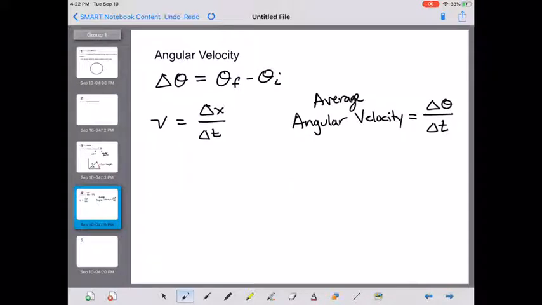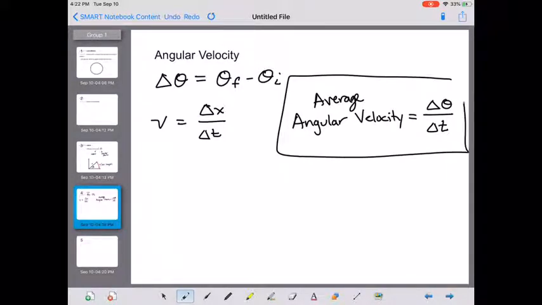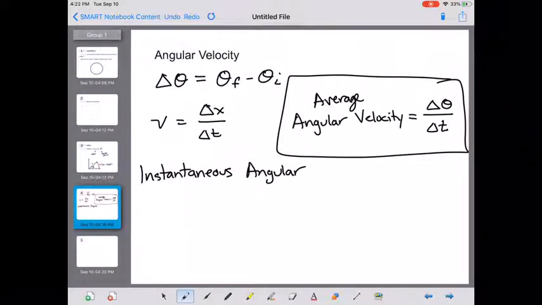All right. Now, from this expression right here, we can derive our instantaneous angular velocity. Just like we did with average velocity, we're going to take the derivative of this.